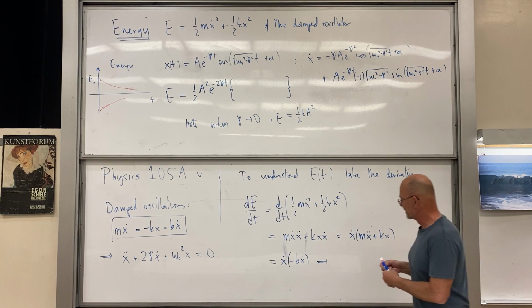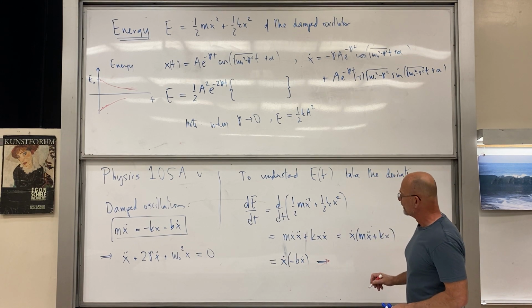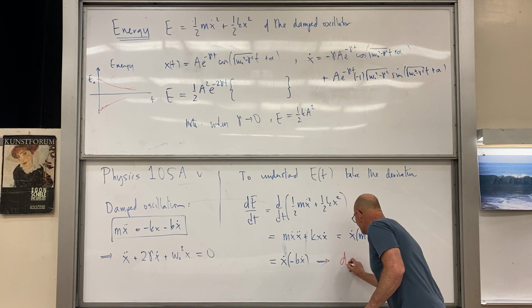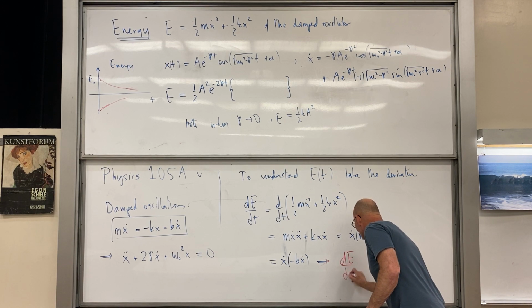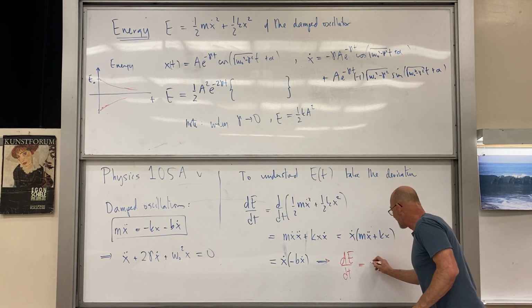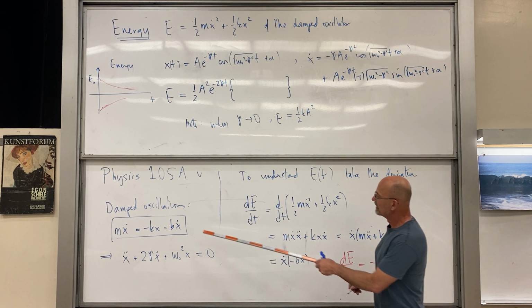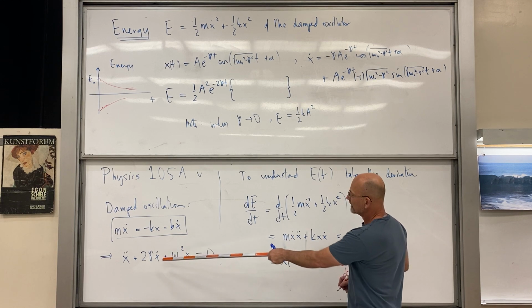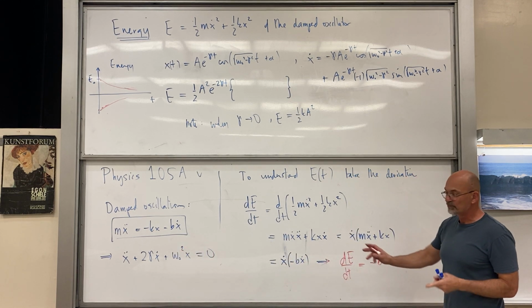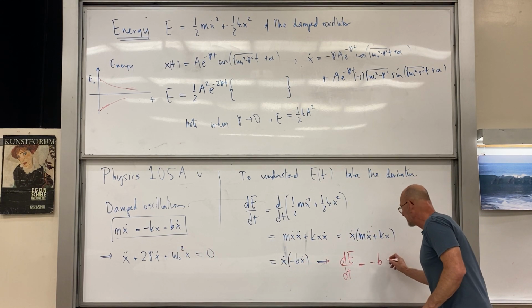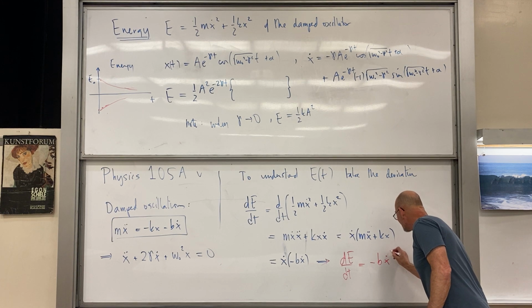Okay, so what do we have here? We have dE/dt, the change of the energy with respect to time, is equal to minus b, and remember, b and gamma are related, of course, but that's the friction coefficient, minus b x dot squared.